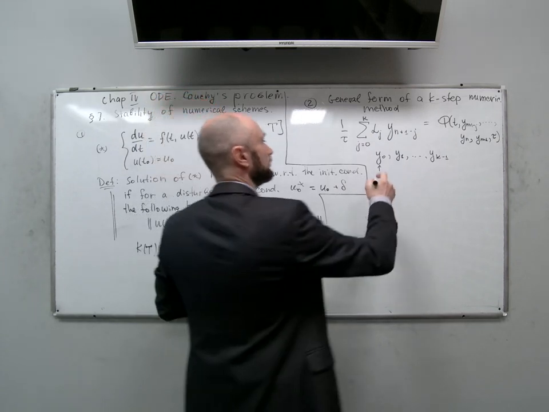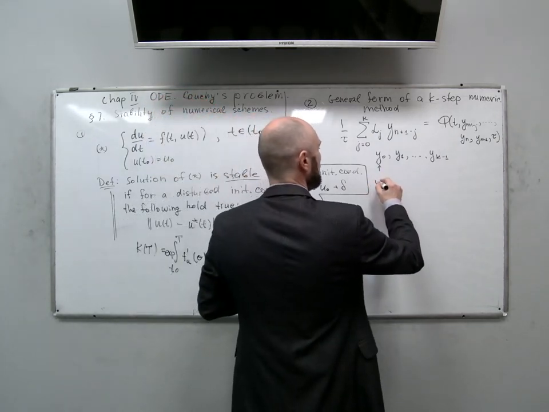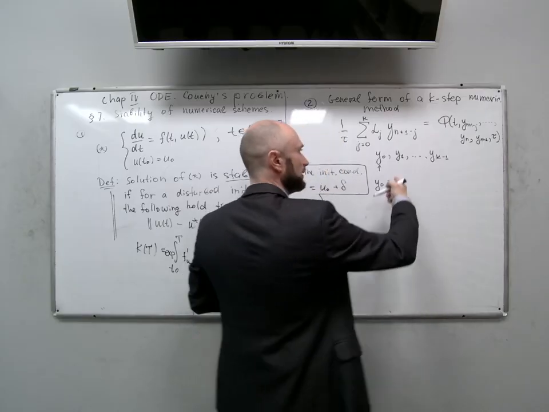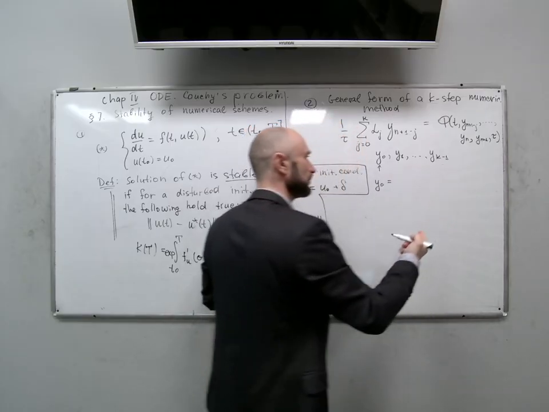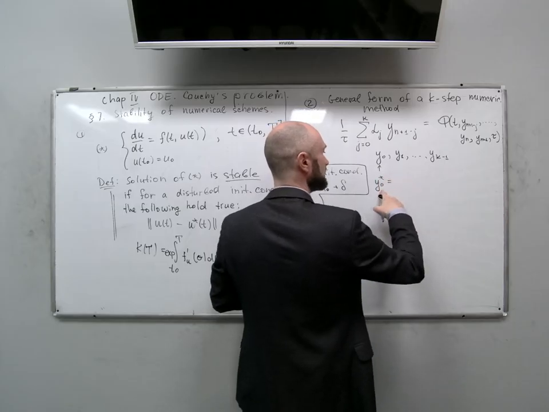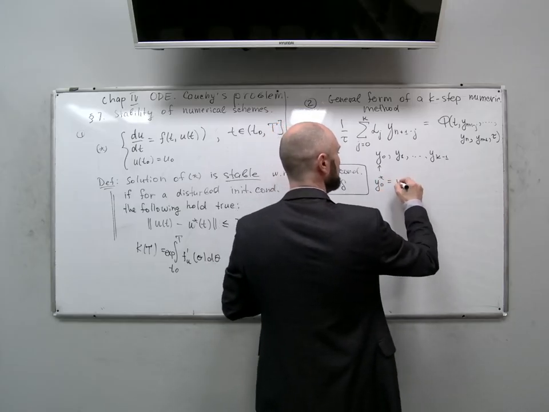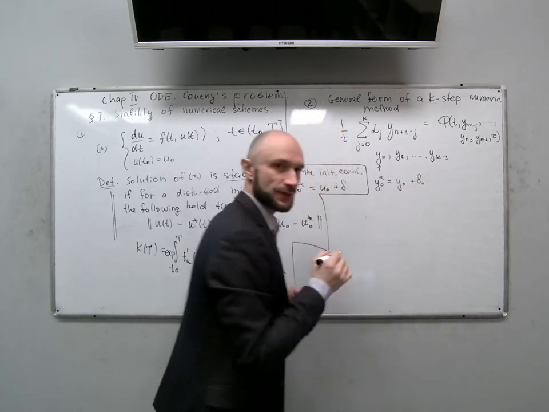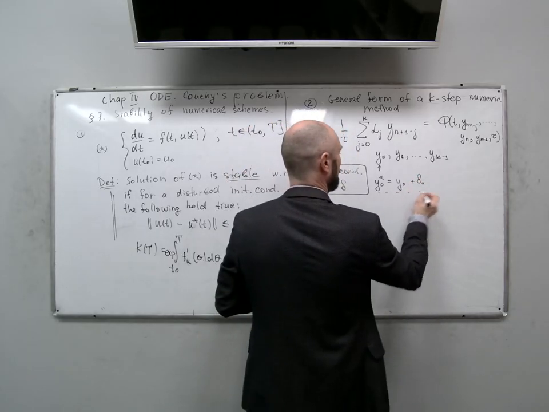Let's imagine that we have introduced a disturbance in each initial value that we have here. Let's say that y0 star is y0 plus delta 0, some delta 0, and so on.